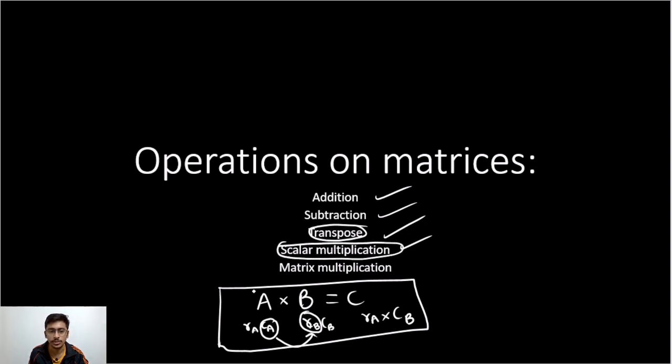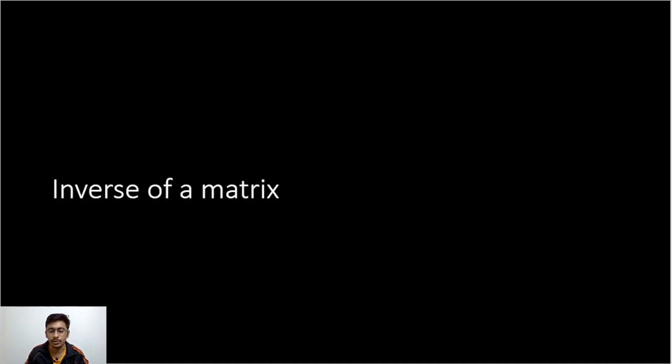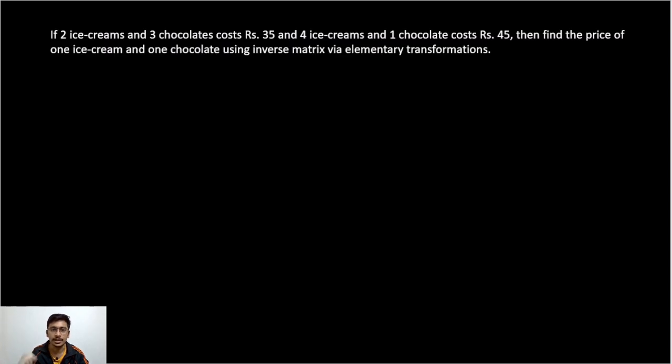So let's understand how to find the inverse of a matrix with the help of an example. The example says that if we have 2 ice creams and 3 chocolates, it costs rupees 35, and 4 ice creams and 1 chocolate costs rupees 45. Then find the price of 1 ice cream and 1 chocolate.